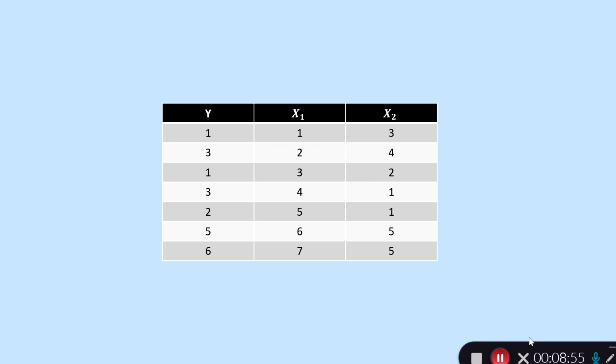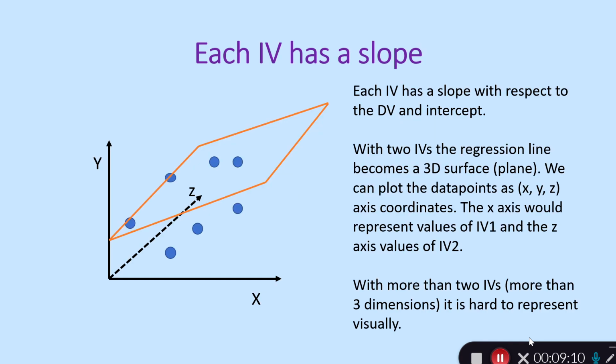And the y variable is still our outcome variable, our DV, and we've now got two predictor variables, two independent variables, x1 and x2, whatever they might be. And as I said, if each IV has its own coefficient or slope with respect to the DV, what does it look like when we try to visualize it?